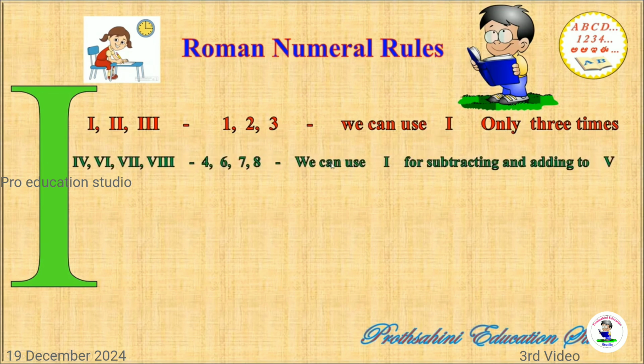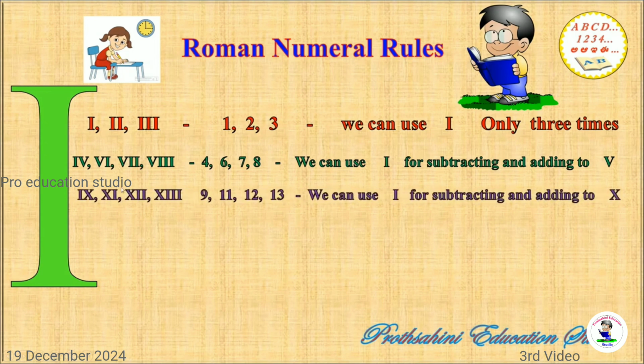Now we will go on to the next point. It is 4, 6, 7, 8. We can use I for subtracting and adding to V. Now we will go on to the next. It is 9, 11, 12, 13. We can use I for subtracting and adding. We can subtract and add.